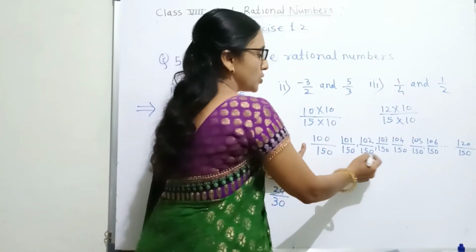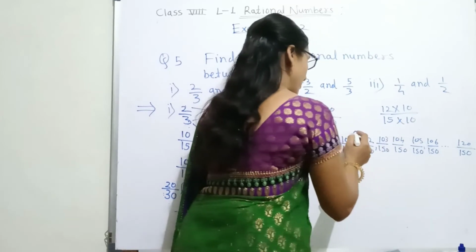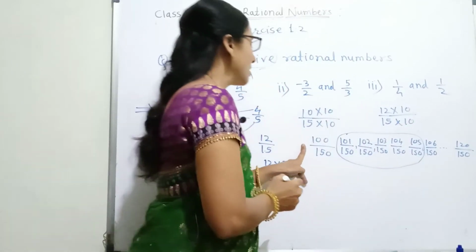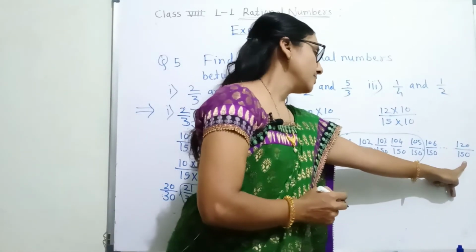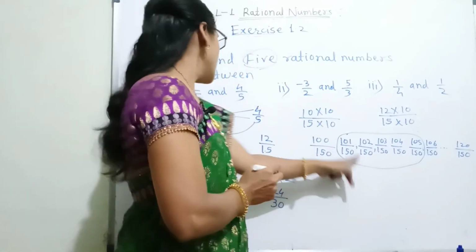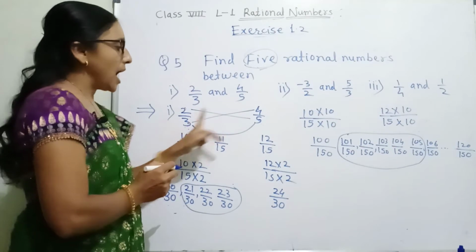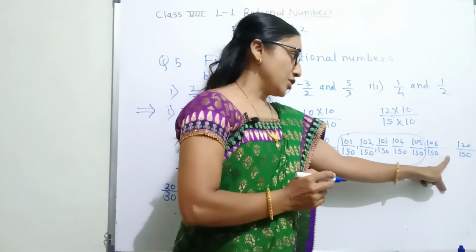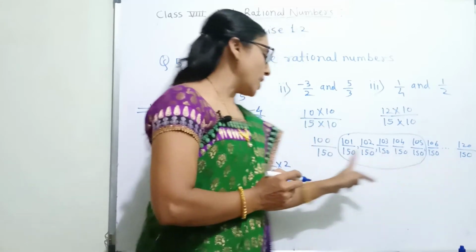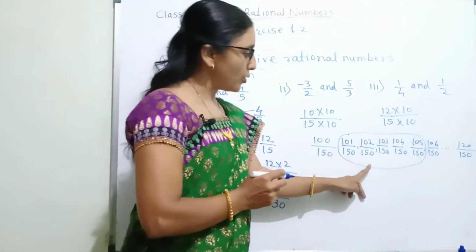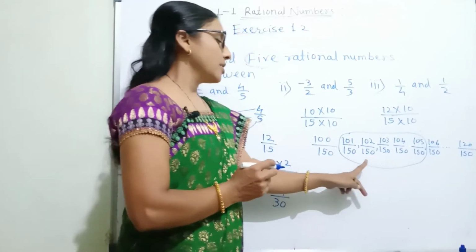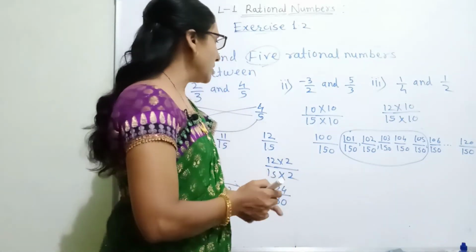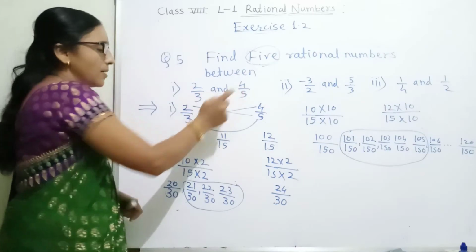These are 1, 2, 3, 4, 5, these are 5 rational numbers between 2 by 3 and 4 by 5. We get more than 5 rational numbers between these two rational numbers, but we want only 5 rational numbers. That's why write only 5 rational numbers between the given 2 rational numbers.